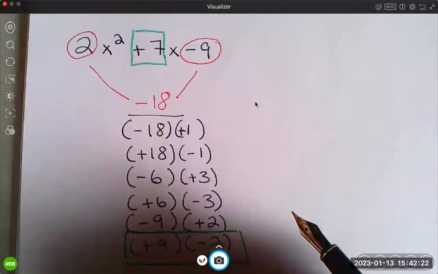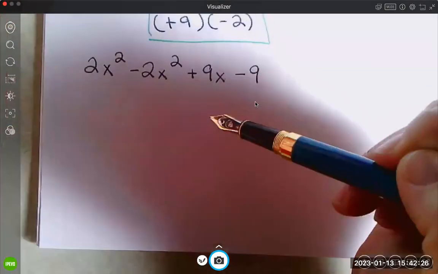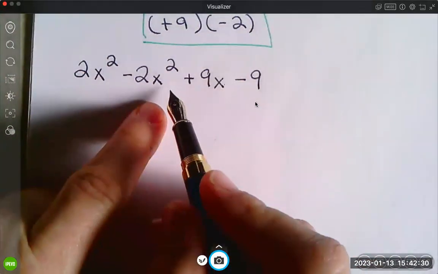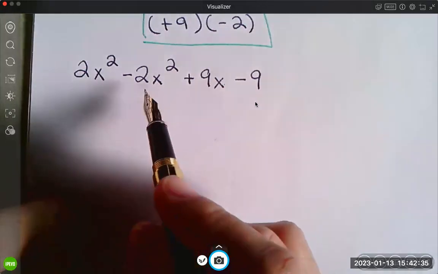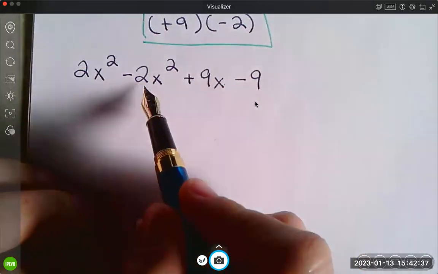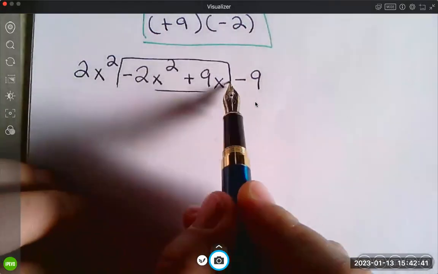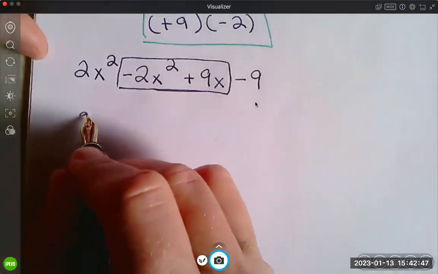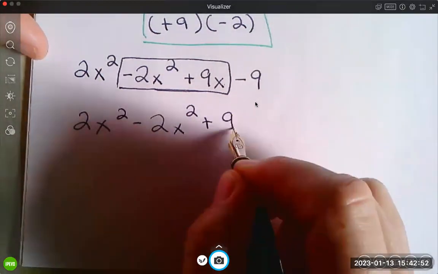These are still equal. 2x squared plus 7x minus 9 is just a simplified form of this polynomial. I just split that 7x into 2 terms so that I can factor it by grouping. So let me rewrite that, because that box might be confusing in a second.